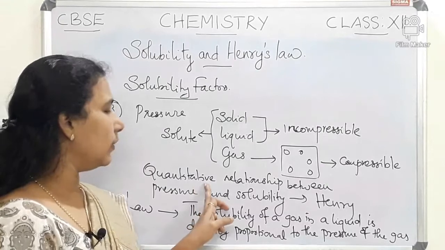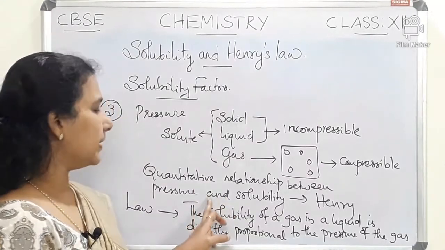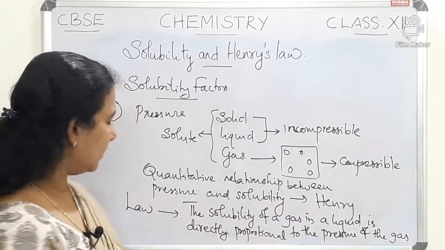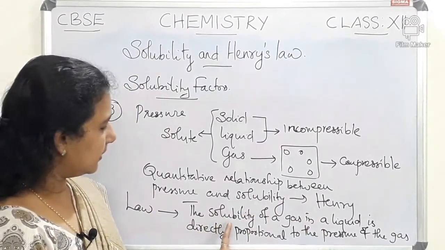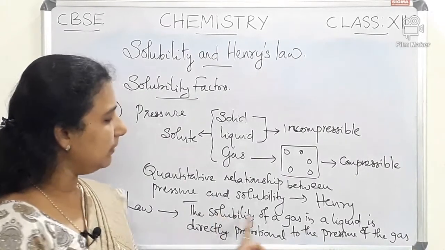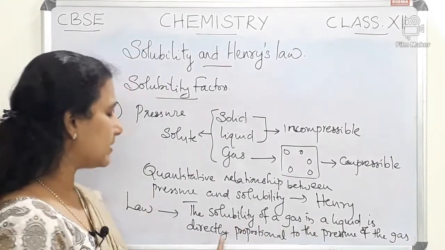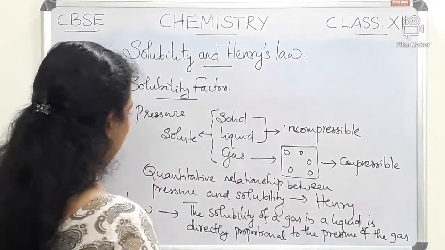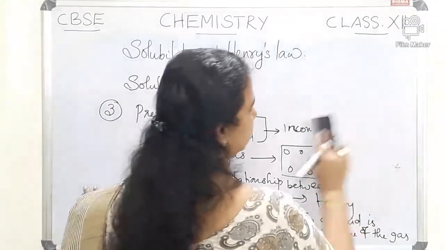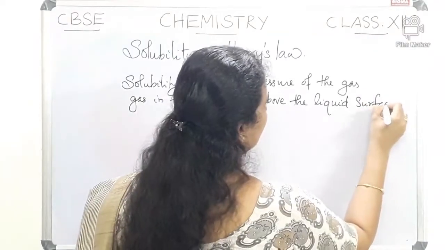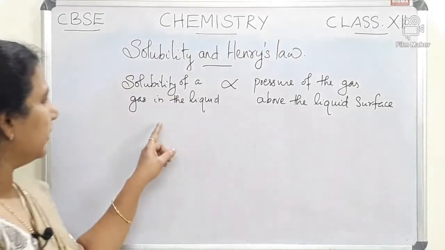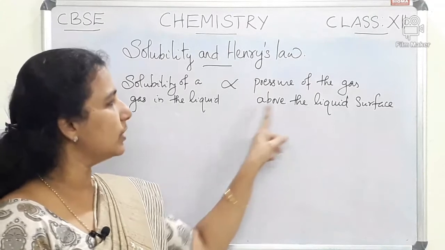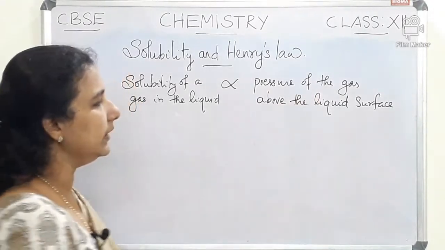Actually this is a quantitative relationship between pressure and solubility. It is given by Henry, that is known as Henry's law. It states that the solubility of a gas in a liquid is directly proportional to the pressure of the gas above the liquid surface.